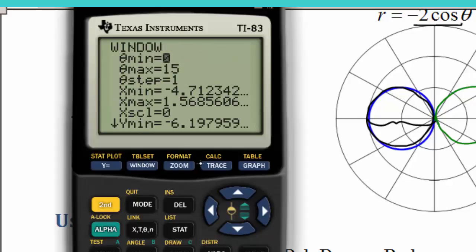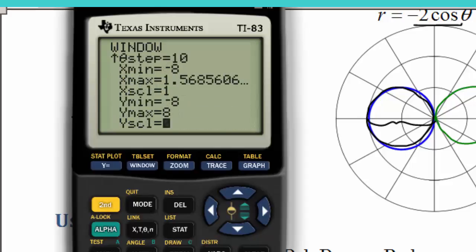Now, I need to check my window since I use degrees. That's not going to help me. I want to go from 0 to 360 degrees at the minimum. And I could do every 1 degree. That's going to take a while, so I think I'll do every 10. And then I think I'll just go from negative 8 to positive 8, and negative 8 to positive 8.